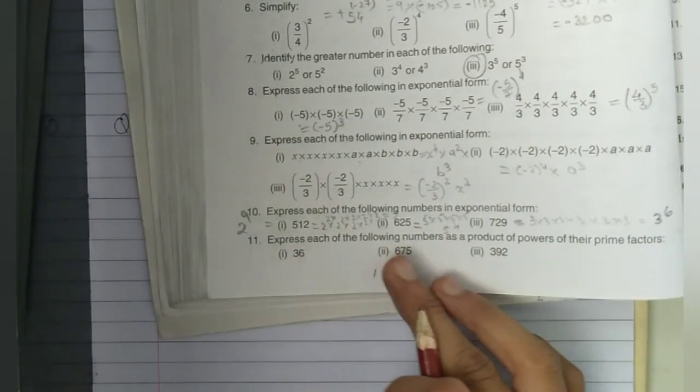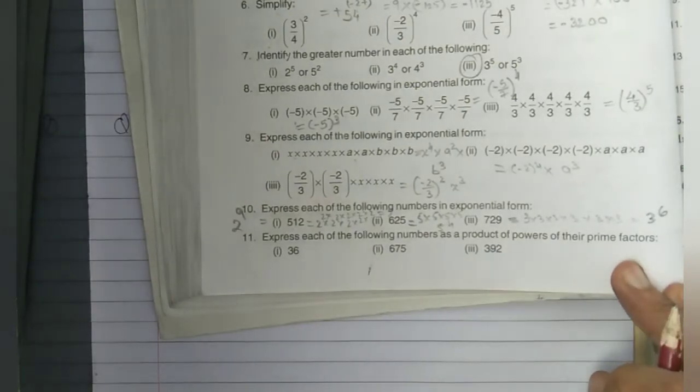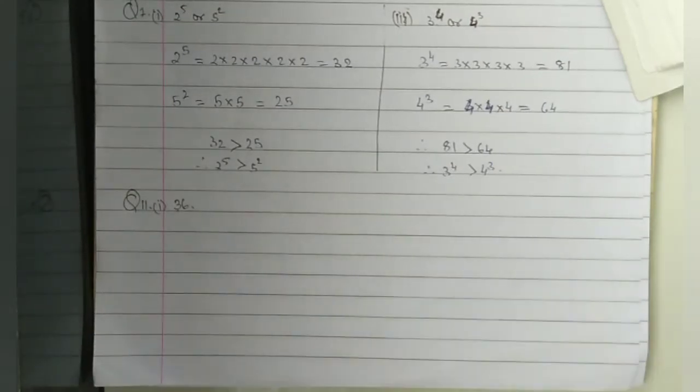Question number 11. Express each of the following numbers as a product of powers of their prime factors. Now this first one we have been given. We have to express, in question number 11, the product of powers of prime factors.